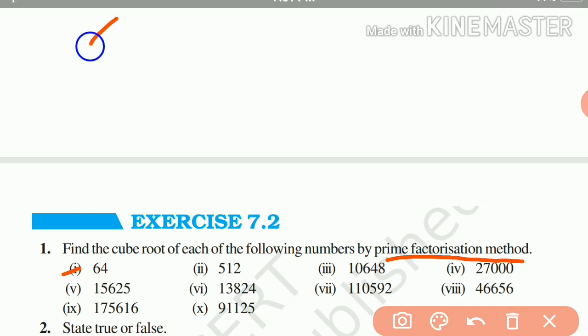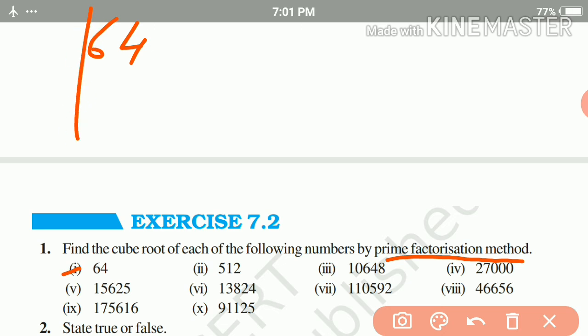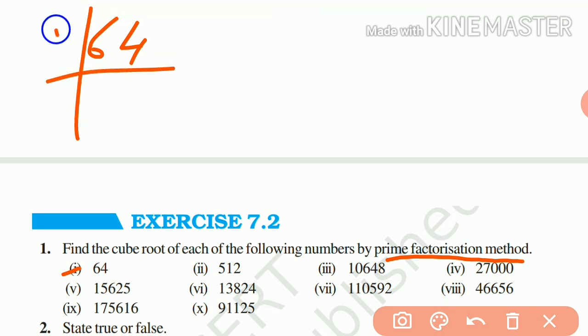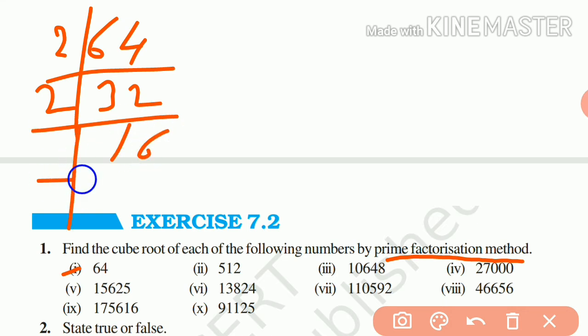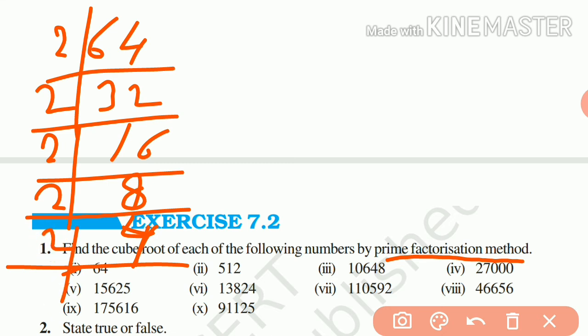We will factorize 64 by dividing by 2 repeatedly: 32, 16, 8, 4, 2, 1. So the factors of 64 are 2 repeated 6 times.